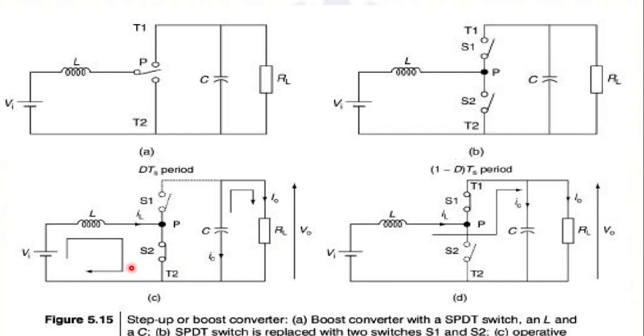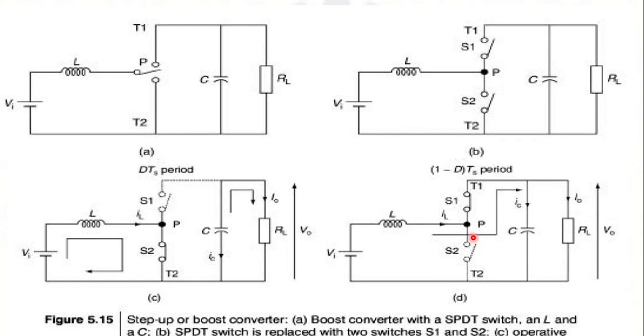Looking at figure C, this is the operative circuit during D into Ts, that is, during the on time. During that, S2 is on and S1 is off. Therefore, the pole is connected to the inductor, the input and the ground, so the circuit will be completed as shown.